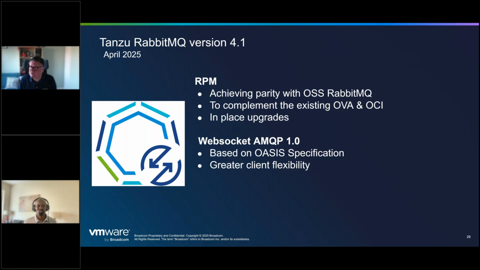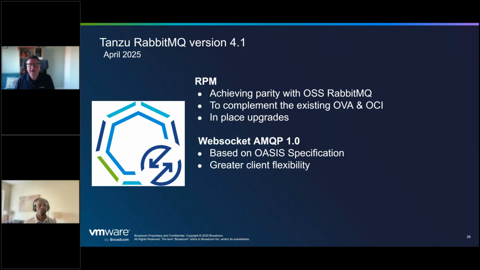We had a customer that was using Stomp and AMQP 1.0. They were using AMQP 1.0 for other things, but they had to use Stomp because it was the only way that gave them the WebSocket interface. Now they can use AMQP 1.0 throughout the whole of their messaging topology.